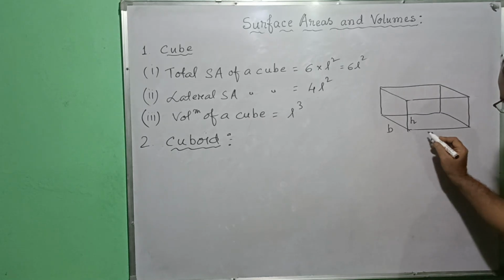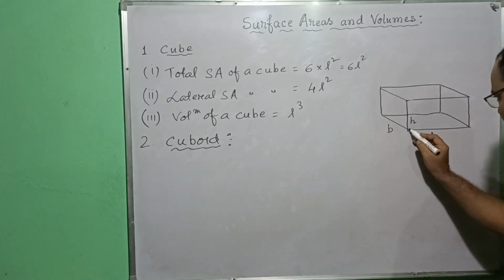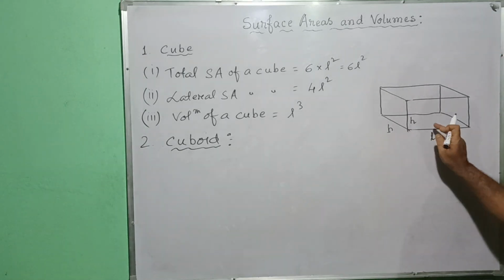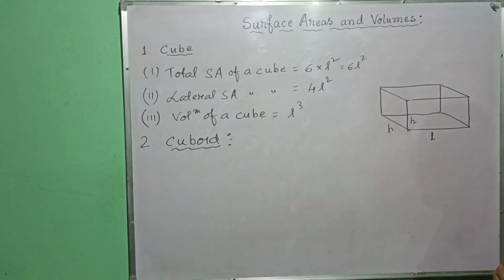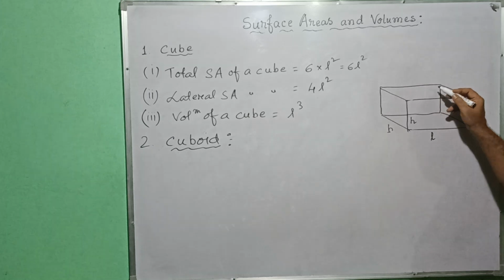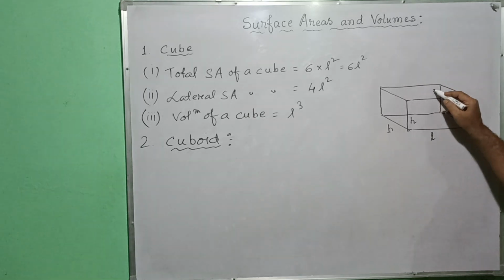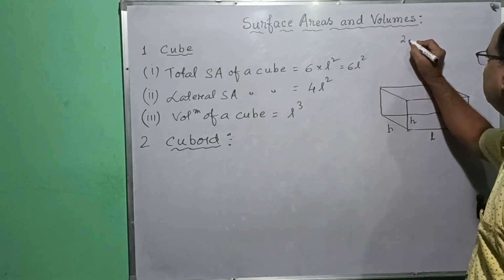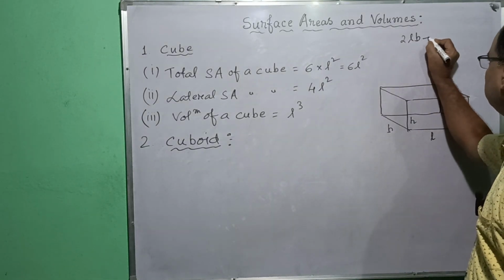It will be L, because here length is there and here breadth is there. So the area of one face will be L into B, that is LB. Similarly another face is there, so there will be 2LB. So we can write 2LB here, then plus.